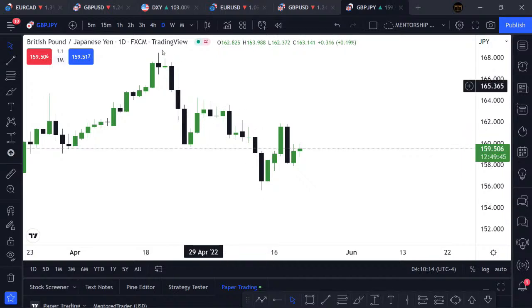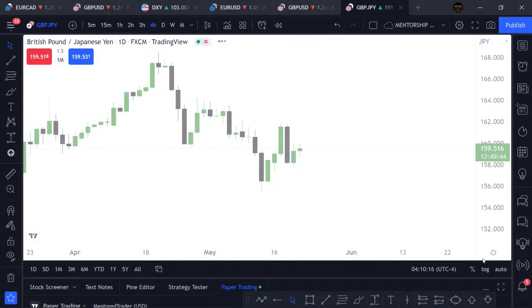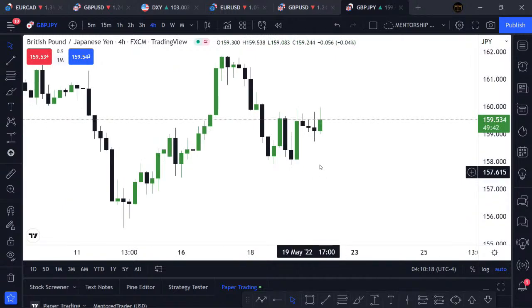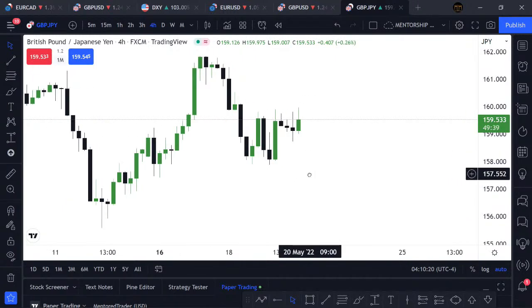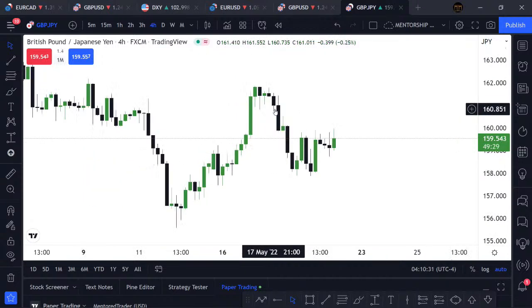Between this and this, looking for a swing high and a swing low. We haven't taken any swing high yet. No swing low taken.